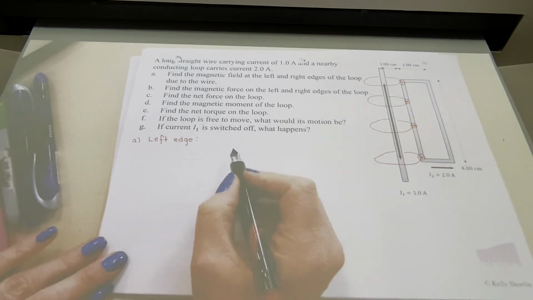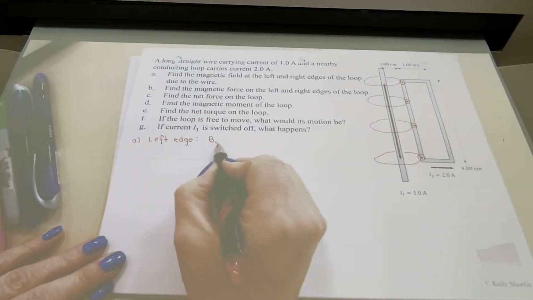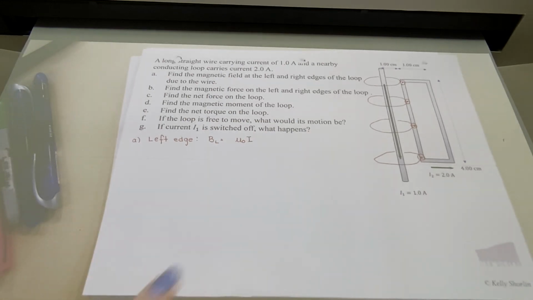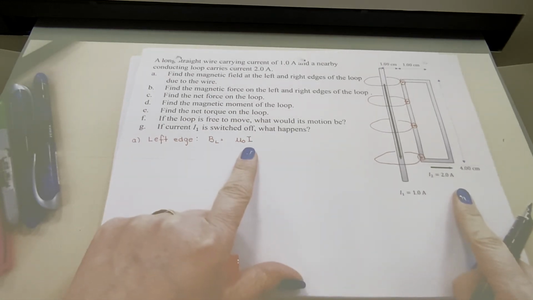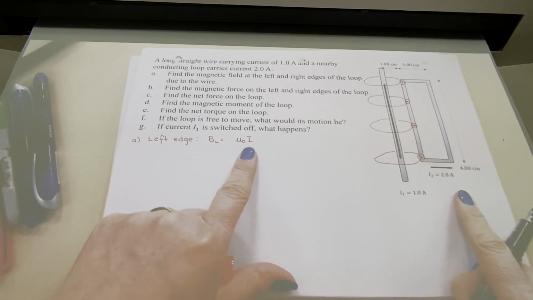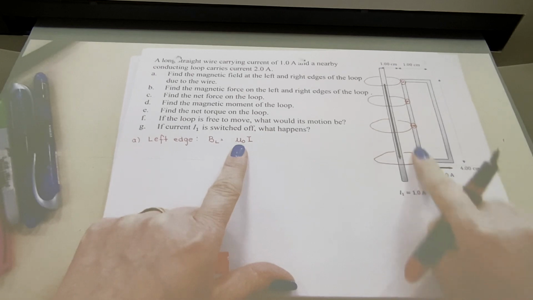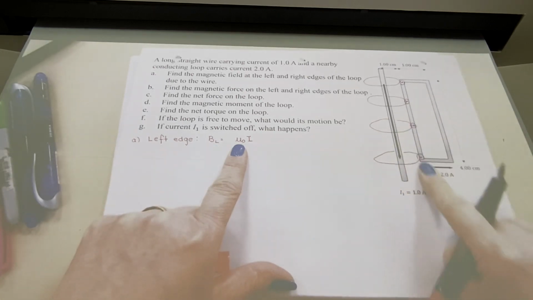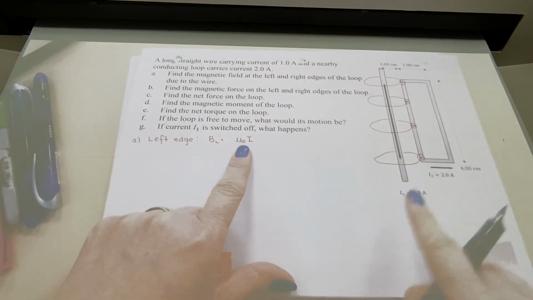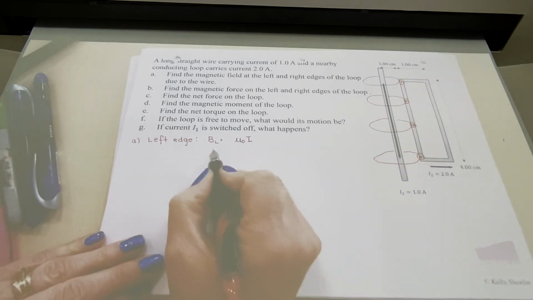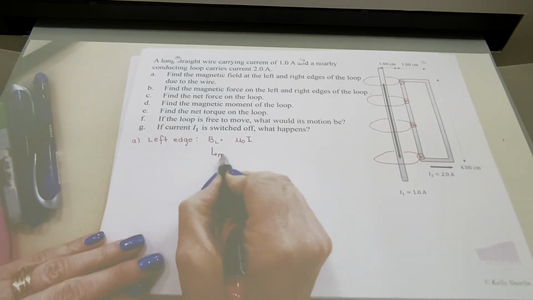The size of the magnetic field, B on the left, is mu naught times the current. When you're doing these problems, you've got to be careful with your currents, right? This problem has two currents in it. We're trying to calculate the magnetic field at this position, and that magnetic field is created by this wire. So this is the field made by I1.